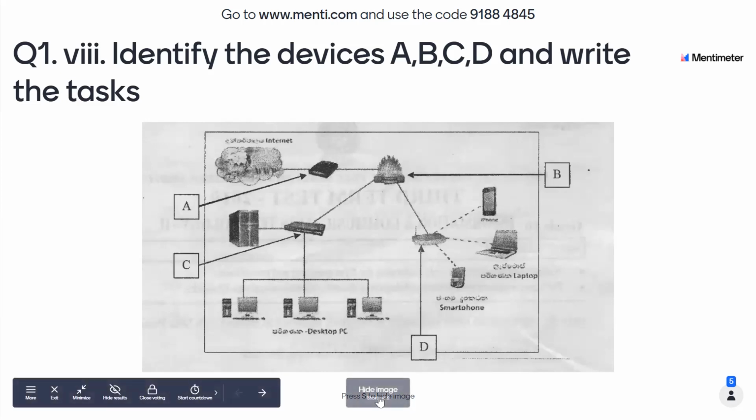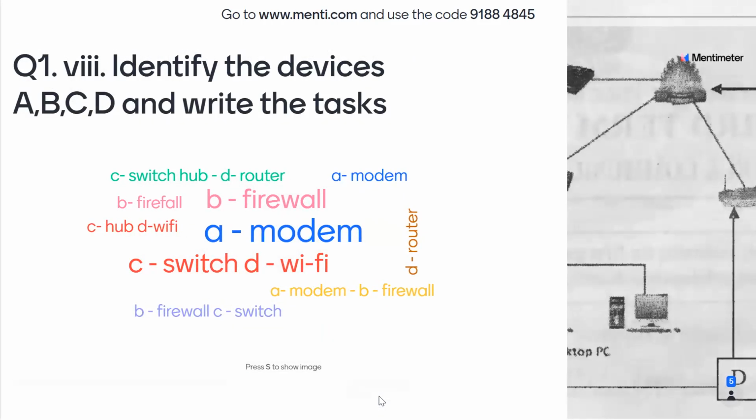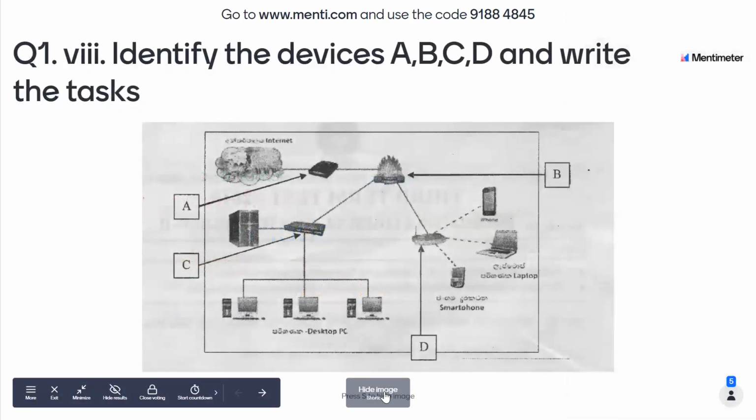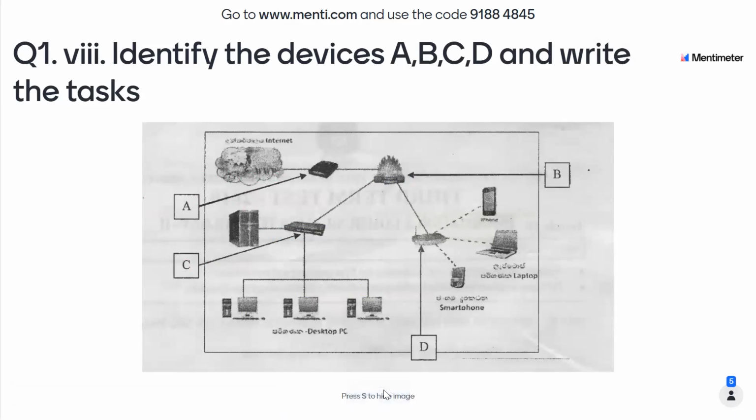Okay, let's discuss the answers. First of all, A is a modem. When you have a telephone line and you want to connect to the internet, you need the device called a modem, modulator and demodulator, right?